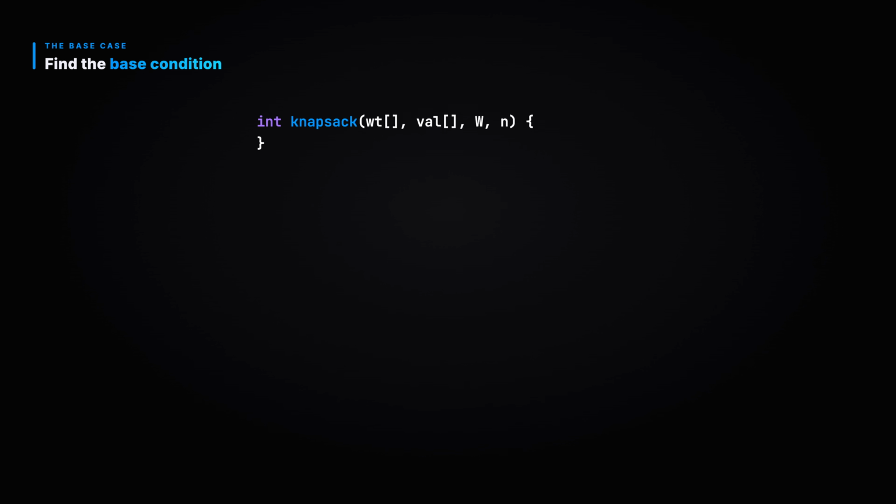Once we have identified the inputs and output, the next step is finding the base condition. Instead of asking where recursion will stop, ask yourself what is the smallest valid input this problem can have. What is the smallest valid value for n, the number of items? It can be 0. And the smallest valid capacity of the knapsack can also be 0.